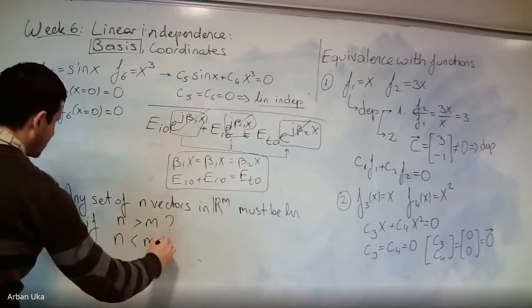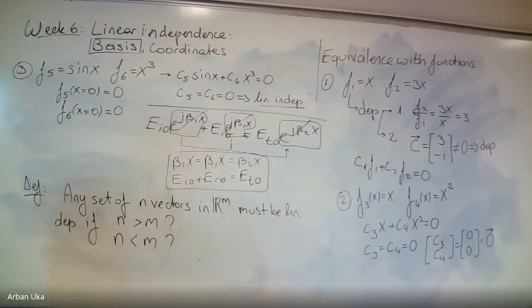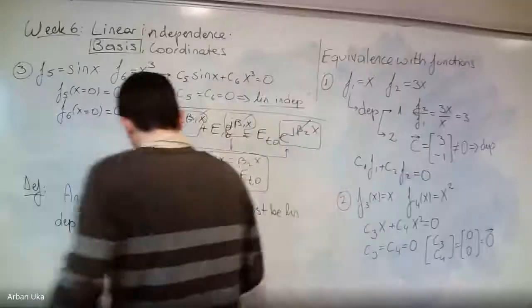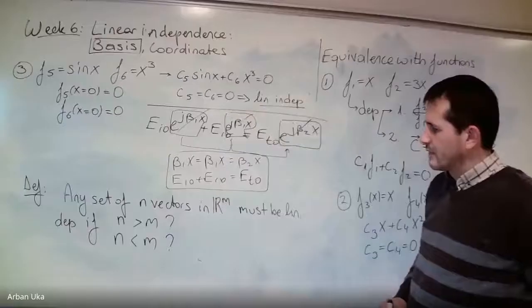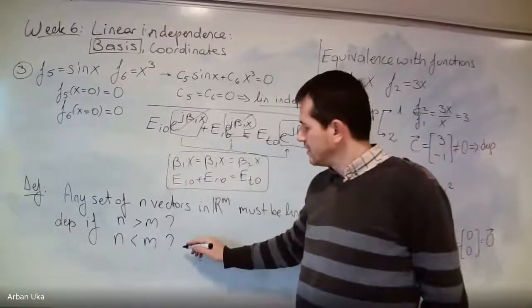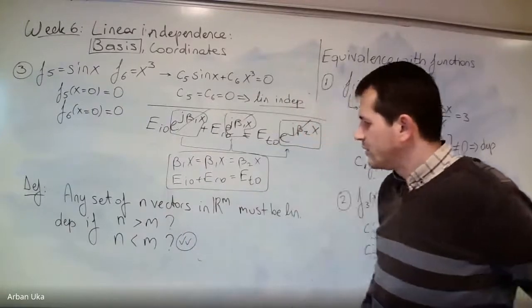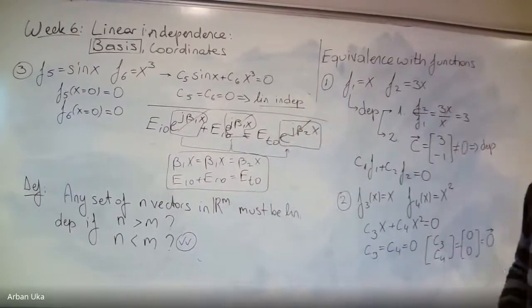What do you think? If n is smaller than m. So you are taking this one. Yes. Let's think about this one for a moment. Would everybody in the class agree with this? Yes, I agree with him.